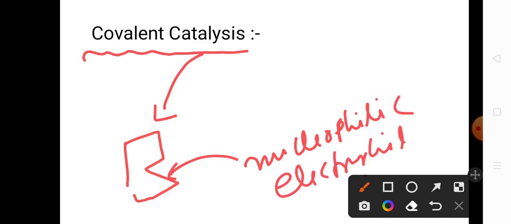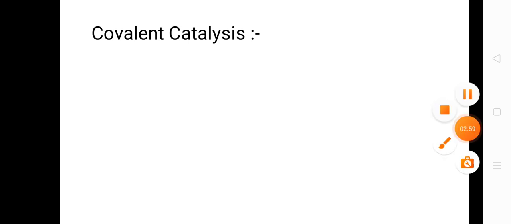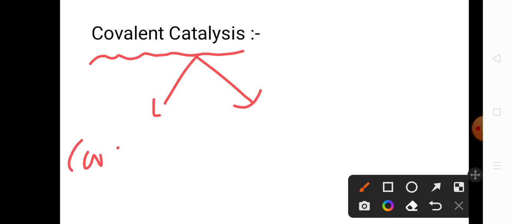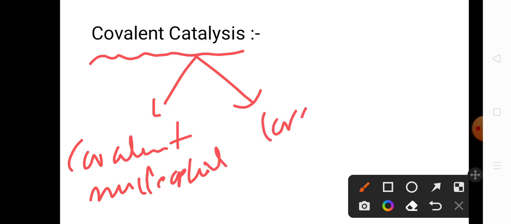Depending upon which the enzyme contains, we can classify covalent catalysis into two subclasses: covalent nucleophilic catalysis and covalent electrophilic catalysis.